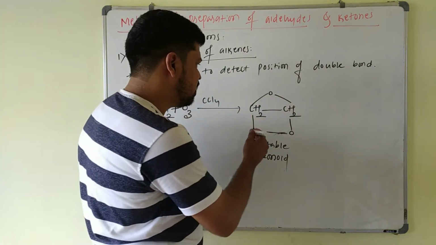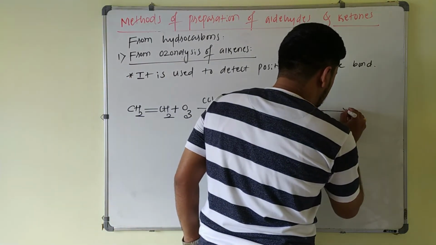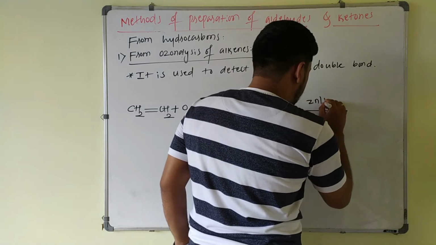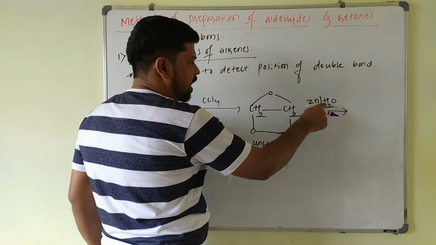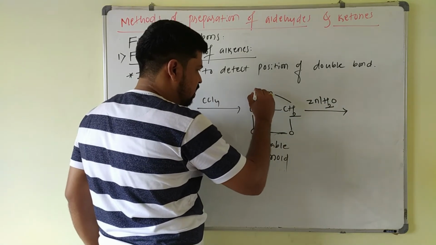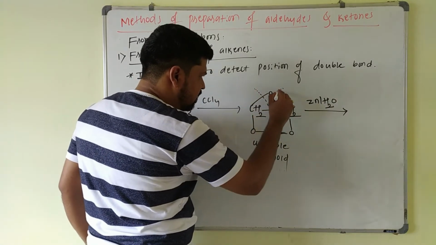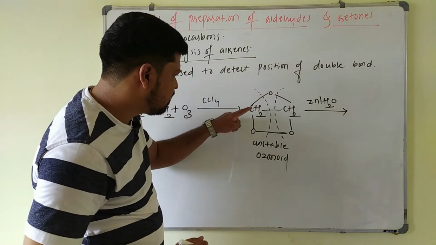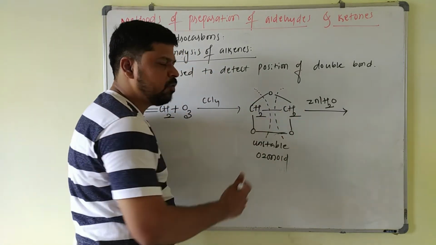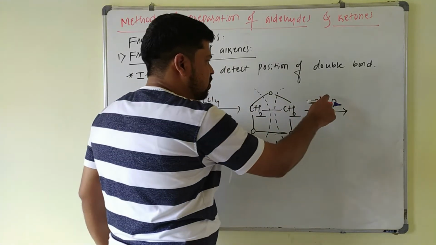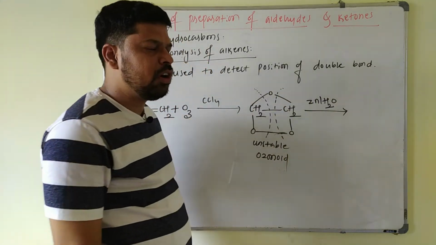So then what happens? This unstable ozonide, in presence of zinc dust and water, undergoes reductive cleavage. This hydrogen combines with this oxygen to break this compound like this and write like this. This is HCHO, one compound, and this is what? This is HCHO, 2 moles of formaldehyde you will get here. These 2 hydrogens will combine with oxygen.